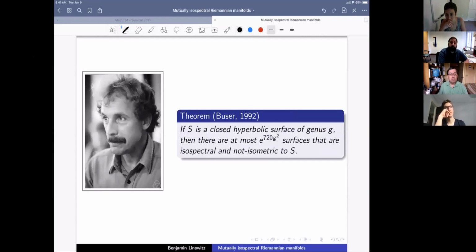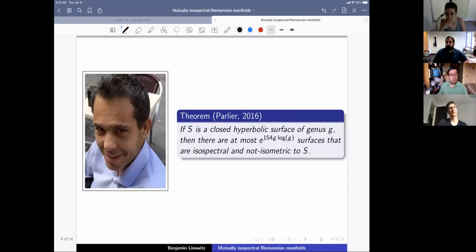And that's part of the reason that we had to wait almost 25 years for a substantial improvement. So this is a relatively recent result of Hugo Parlier, I believe a student of Buser. And he was able to change the e to the constant g squared to e to the constant g log g.